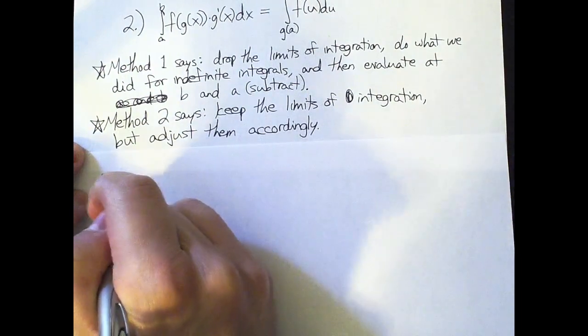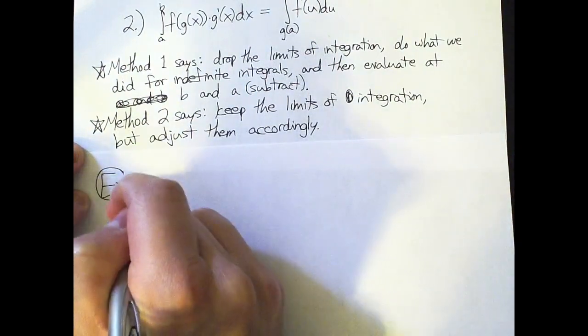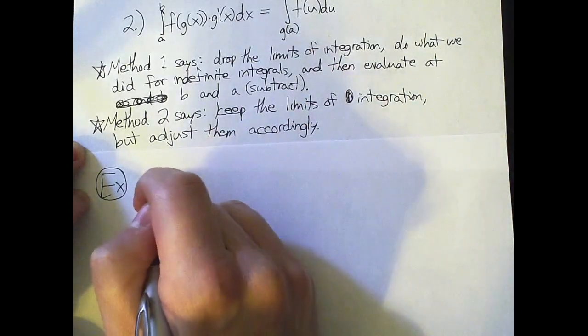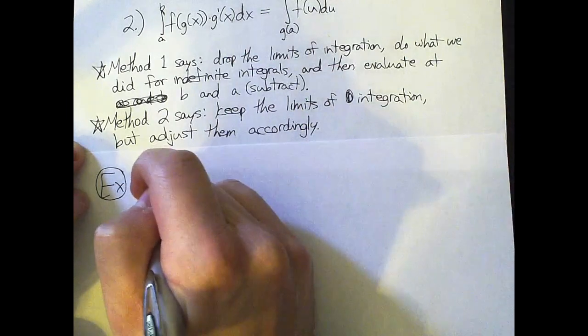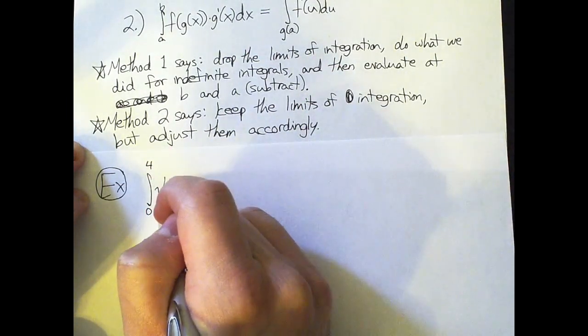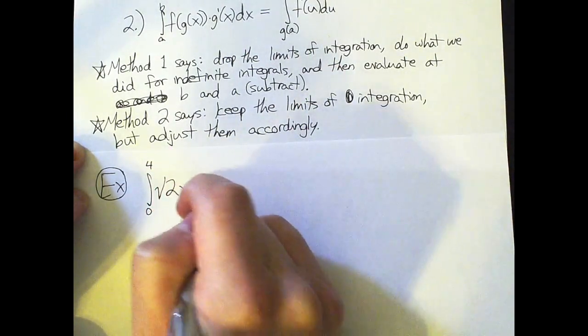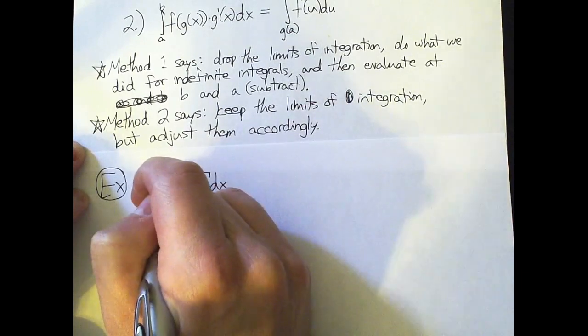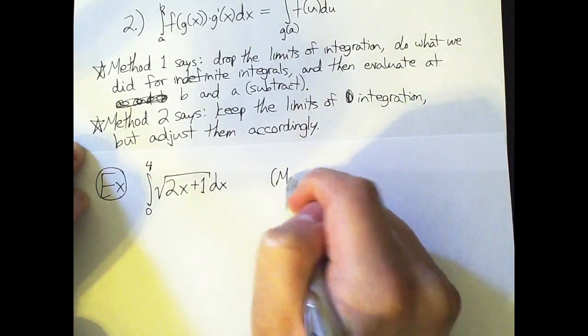So let's do one that we haven't done yet. Actually, it has to be a problem we haven't done yet because we haven't done any definite integrals. So we're going to do from 0 to 4 square root 2x plus 1 dx. And first, I'm going to show you method 1.